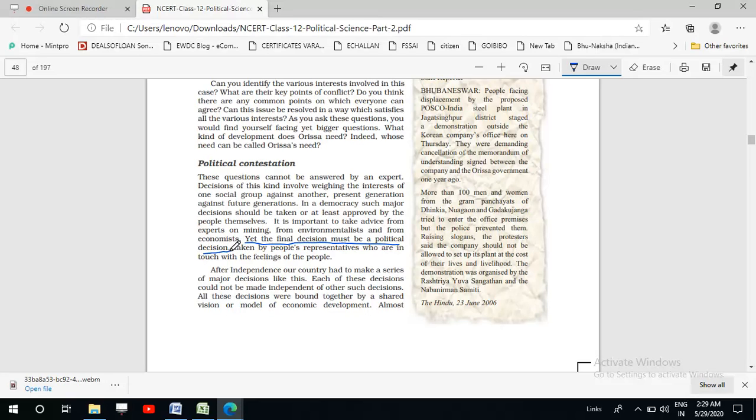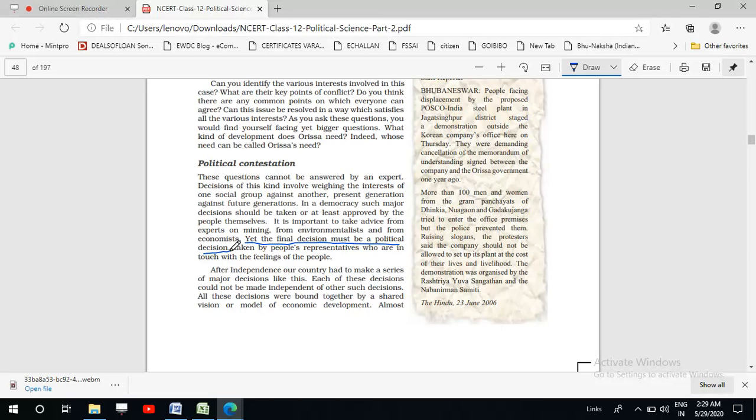So, when we got independence, we had a challenge of economic development in front of us. And in those days, the government had to make so many major decisions like this. The situation which we were discussing right now regarding Odisha, how the government signed the MOU and then what happened. So, in the early years of independence, our government had to face such situations many times.